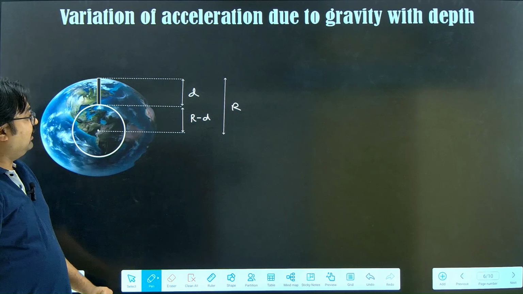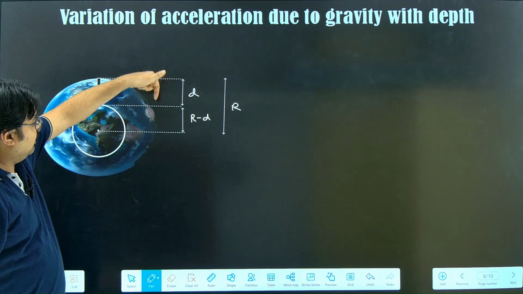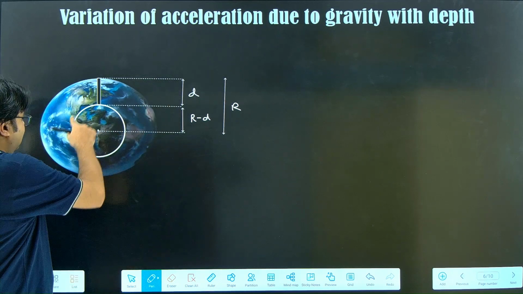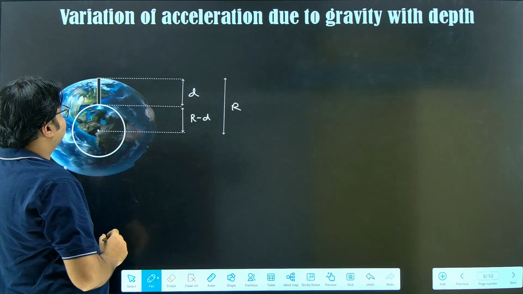So you dug into the earth to a depth d. The sphere, the surface of the earth on which you are standing, has a radius R minus d.